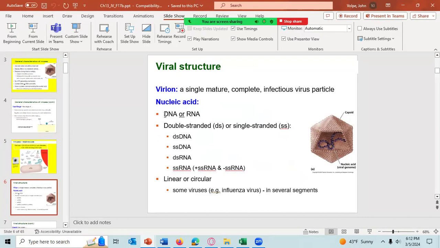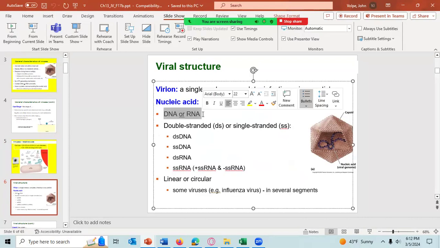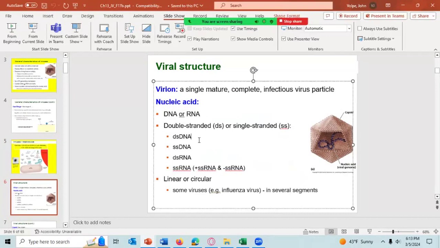It is never both. What's unusual about their genome is it can be double-stranded or single-stranded. Double-stranded DNA is what our cells normally have as their genome, but we can have single-strand DNA, like when the DNA is replicating or when it's being transcribed.